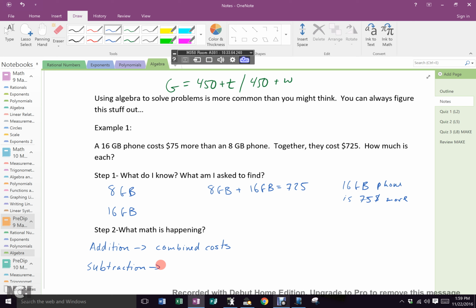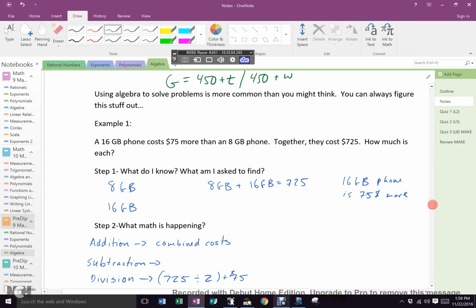So I'm going to borrow from Jack. He's doing some division. He took the 725, divided it into 2 phones, and then added 75. Right?